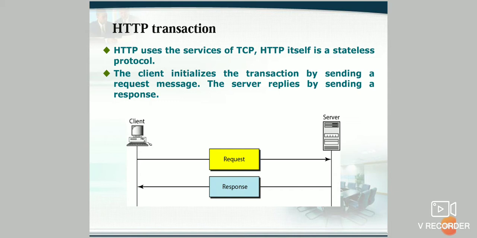When there is a query, the client sends it to the server in a request message, and the server responds with the requested data in the form of a response message. So the client initiates the transaction by sending a request message, and the server replies by sending a response message.